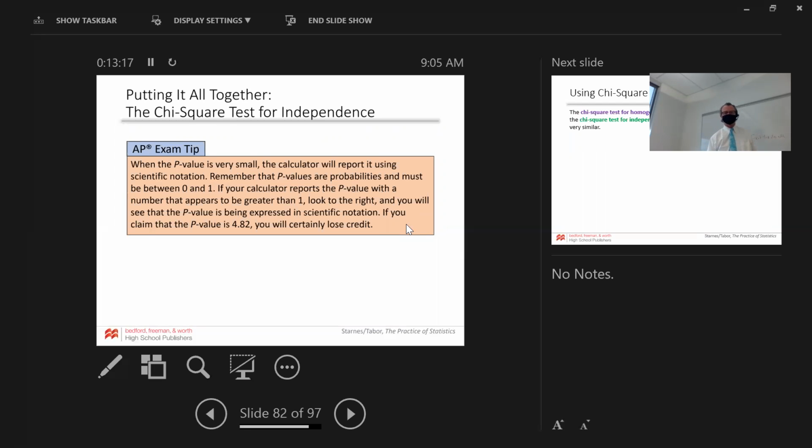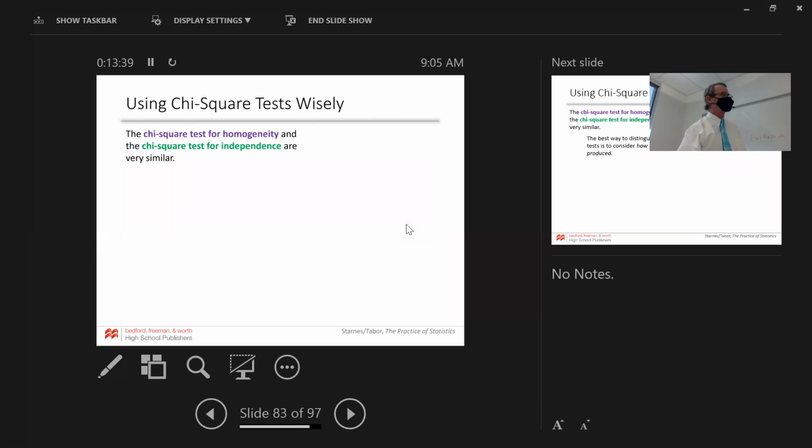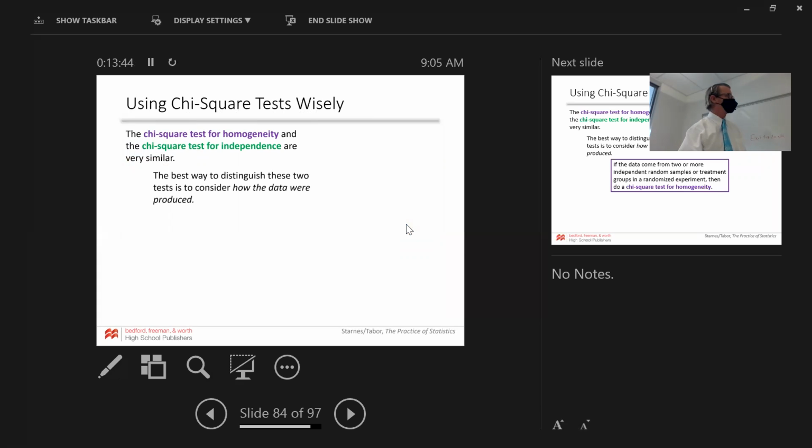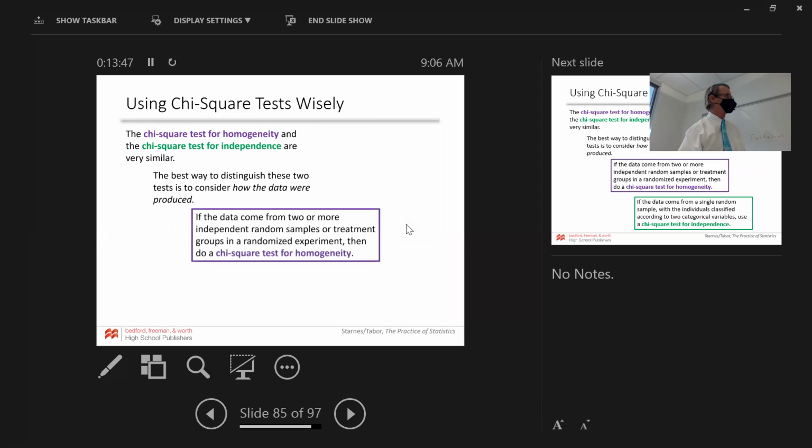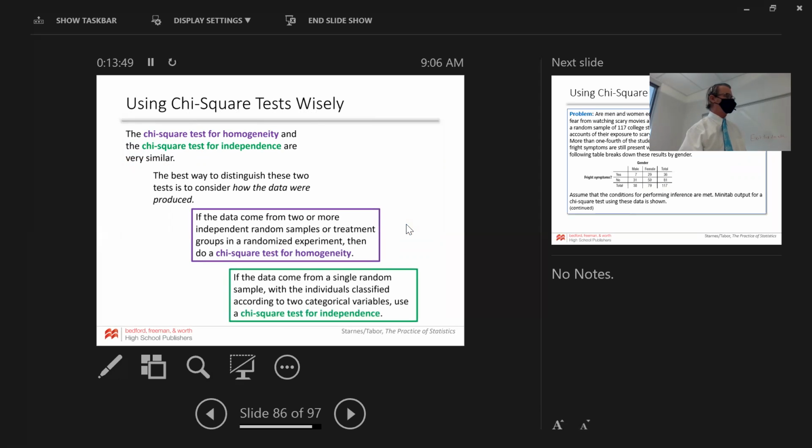So take a moment and read that. Very similar. They're identical. So here's the distinction, but again, you can read this.